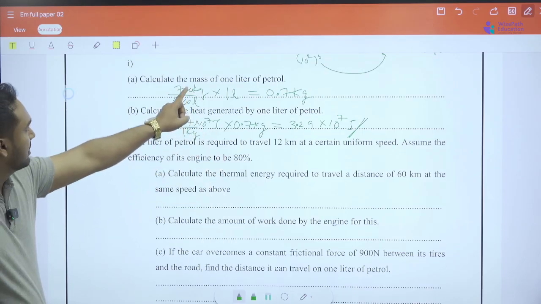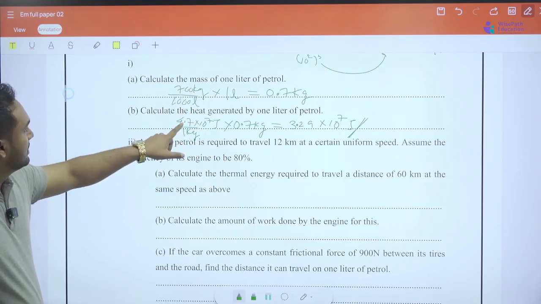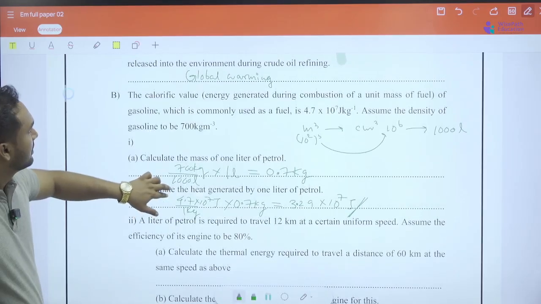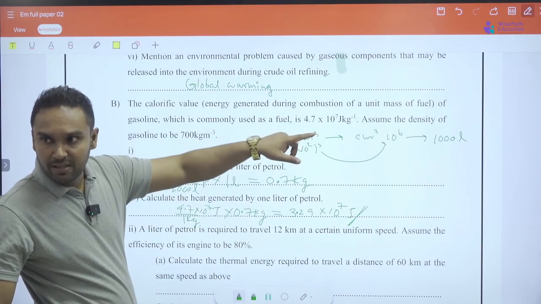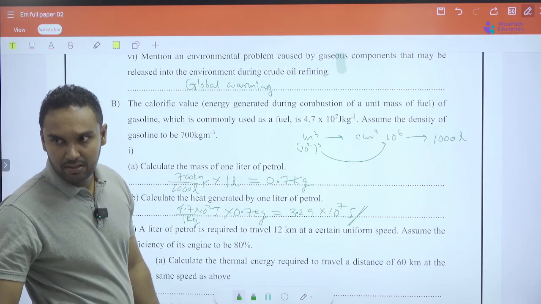So 5 liters make an energy of this into 5, and 20% of it is the heat, right?